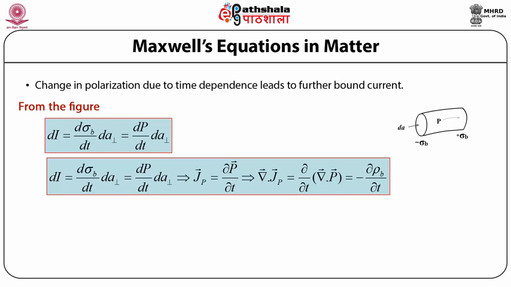So here the current element dI is due to the bound charge density.